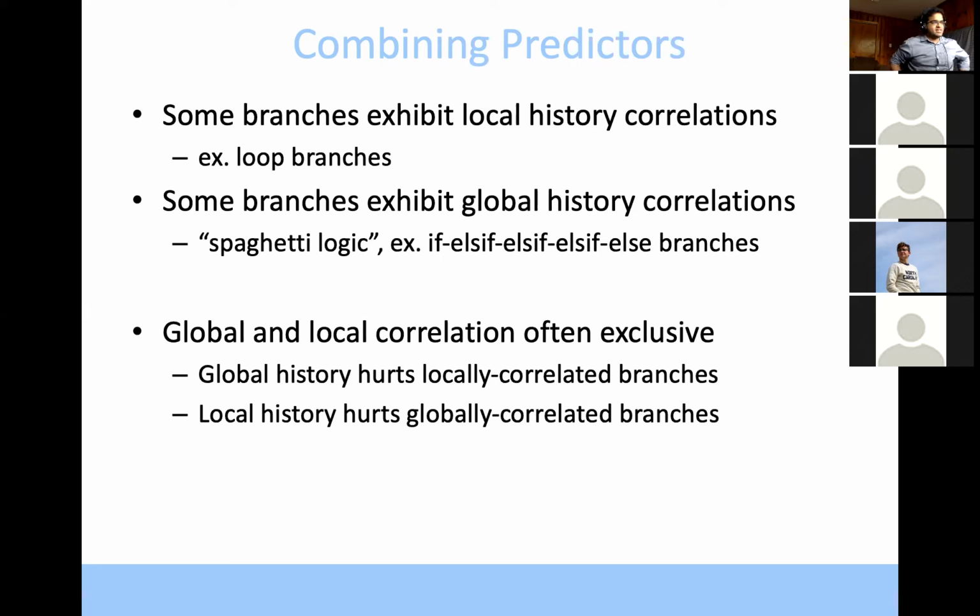But they tend to not work when you use the other case. So if you had global history for a loop branch, that would not work so well because it's useless information.